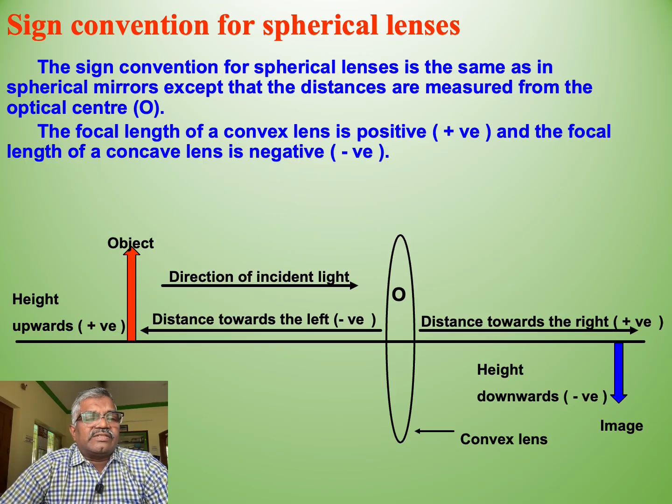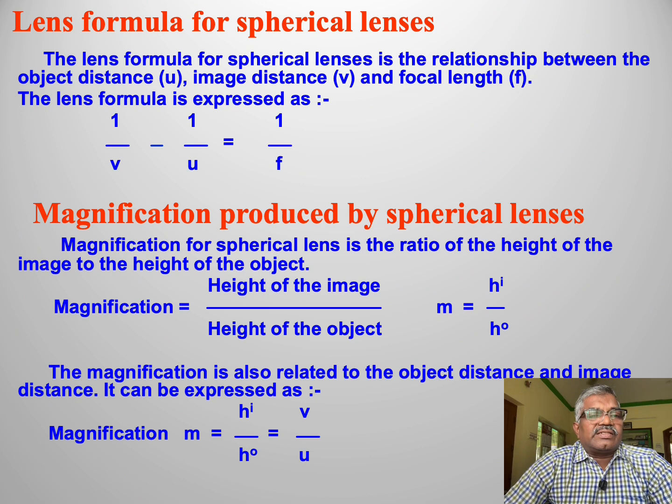Now, sign convention for the lenses. This is the same as spherical mirrors, so no need to explain again. The sign convention of the mirror and the lenses are the same, and the lens formula is different.